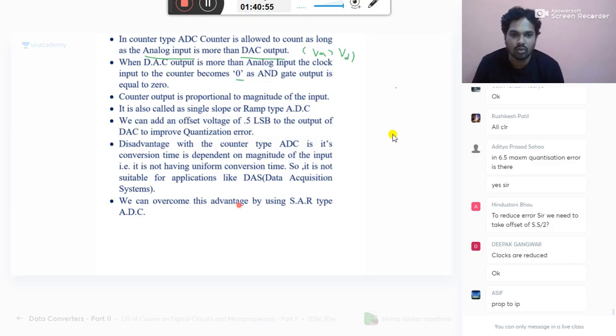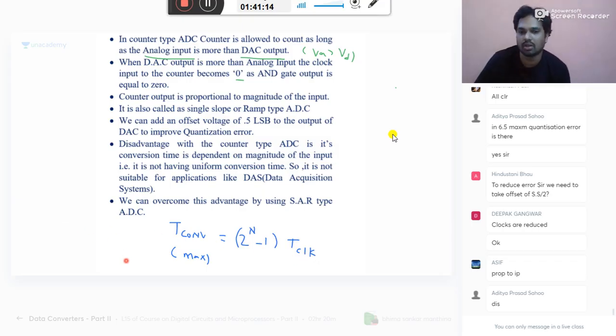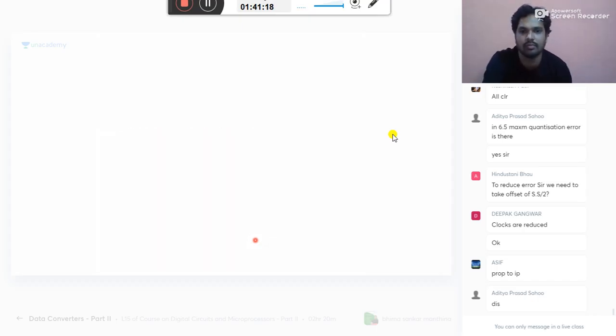Now see here, what is the conversion time you have? Maximum conversion time here: the counter will count a maximum of 2 power n minus 1, because the counter will count from all zeros to maximum all ones. Now, what is the average conversion time?